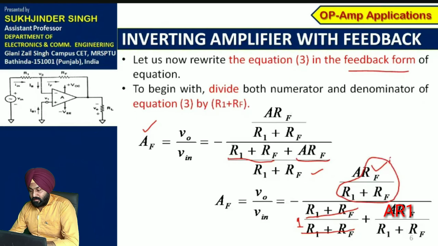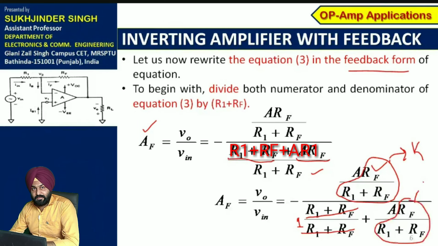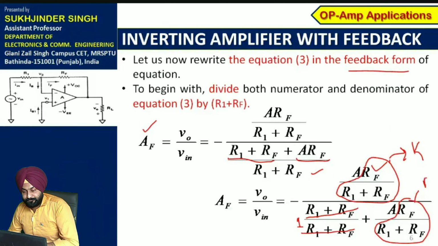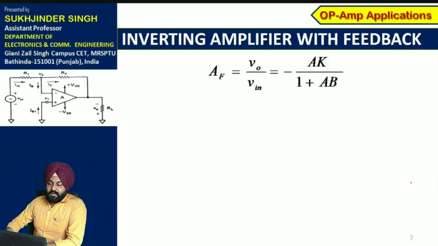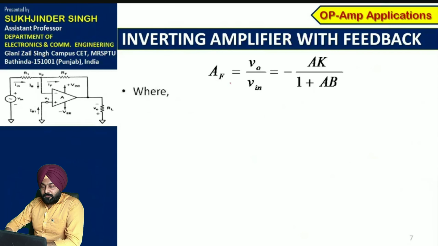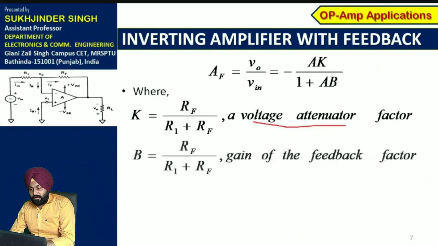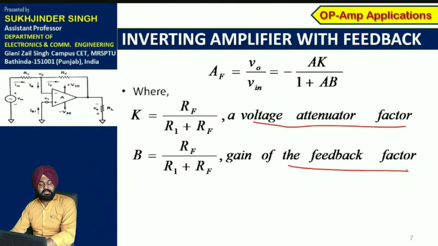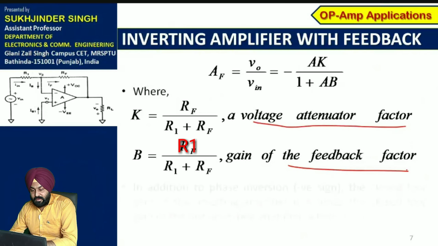Now you can say this expression is K, and this expression represents your feedback factor, that is B. Accordingly, AF is equal to V naught upon V in is equal to minus AK upon 1 plus AB, where K is the voltage attenuation factor and B represents the feedback factor.